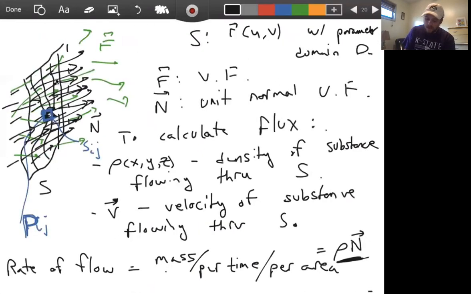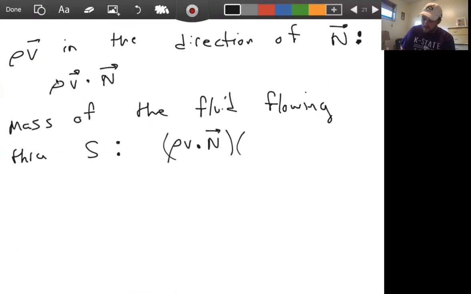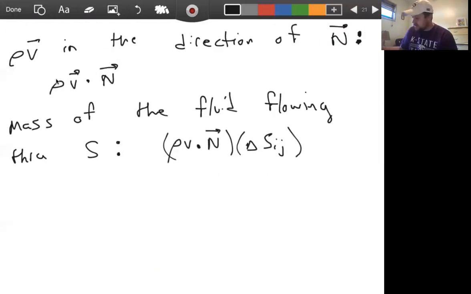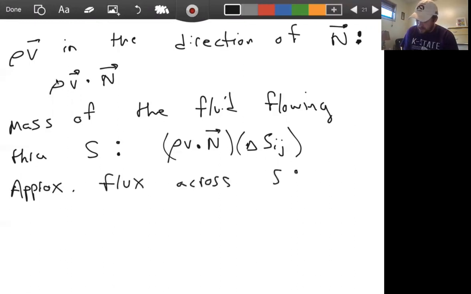And we called the area here delta Sij. So times delta Sij. This gives us the mass of the fluid flowing through one tiny little sub-rectangle or sub-parallelogram here. And now we're equipped to approximate the flux across S, putting all of this together, right?